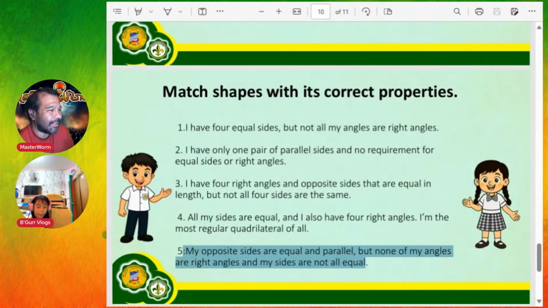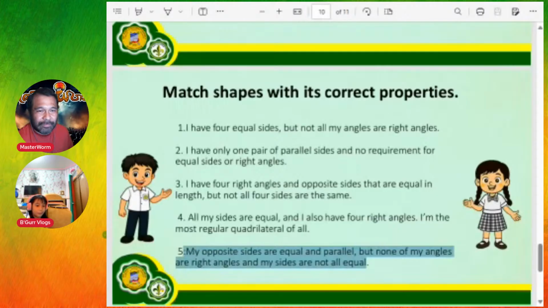It's like a diamond, a parallelogram. The sides are not all equal. This is what makes it a rhomboid or a parallelogram and not a rhombus. The first one was the rhombus: I have four equal sides, but not all of my angles are right angles.